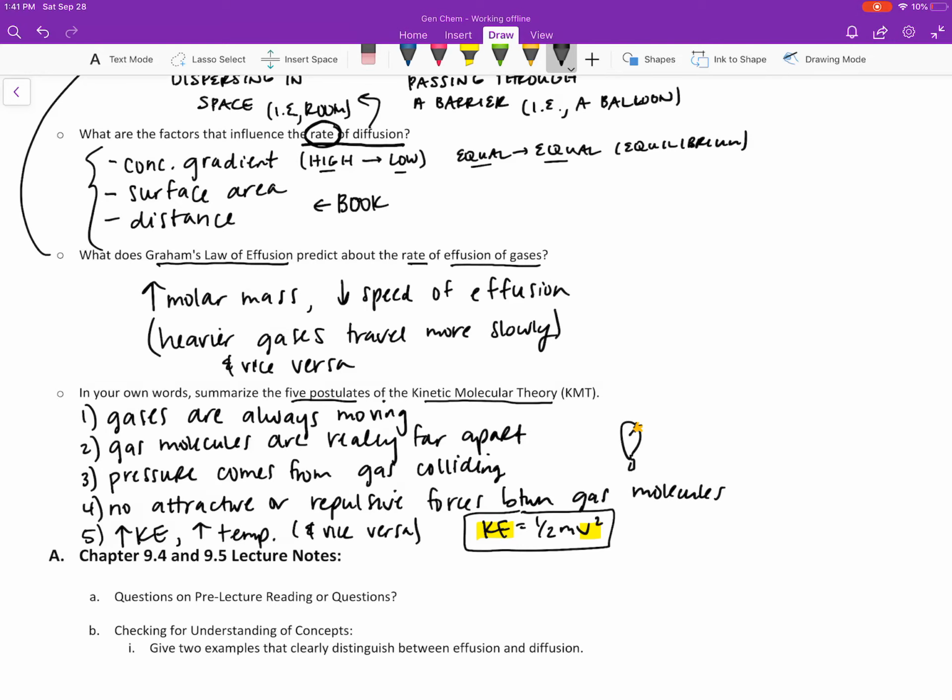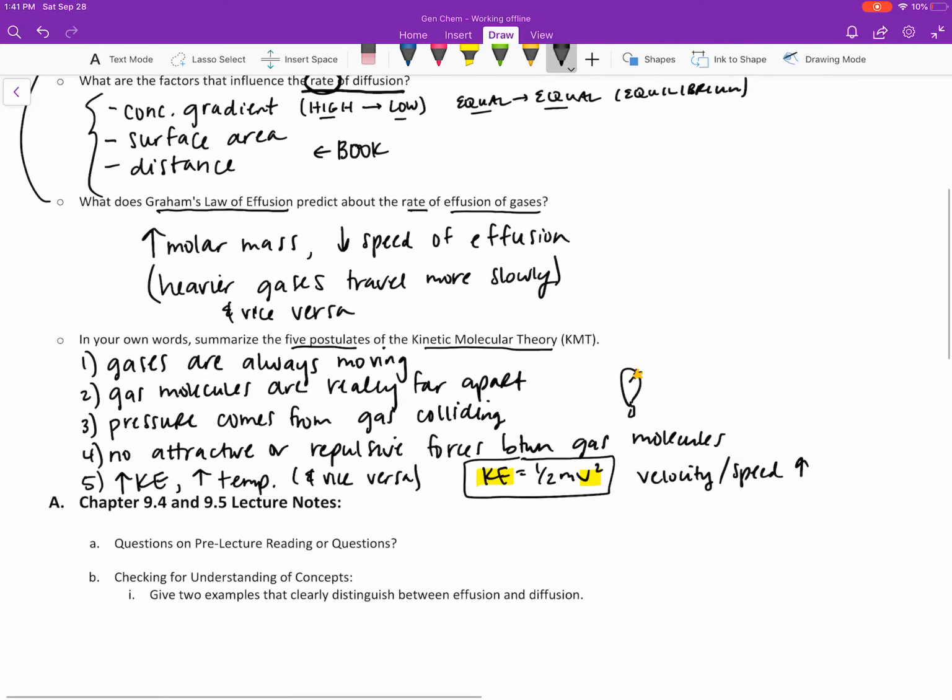So then we can say that as the temperature increases, the kinetic energy increases, and the velocity, or the speed, of the gas also increases. Okay, so we get all 3 of those through the kinetic molecular theory, the KMT.